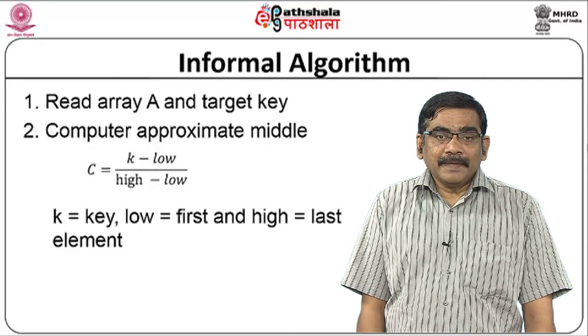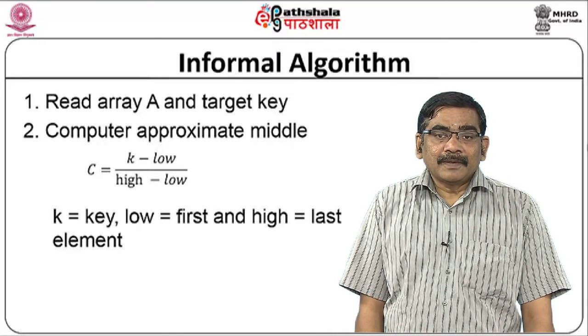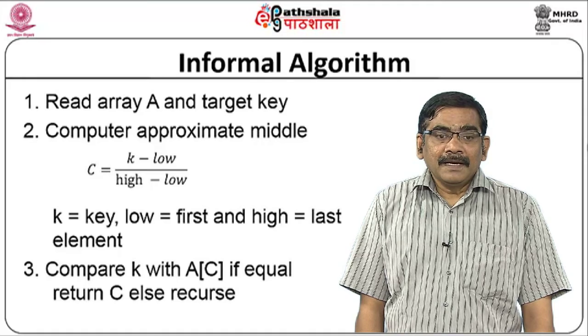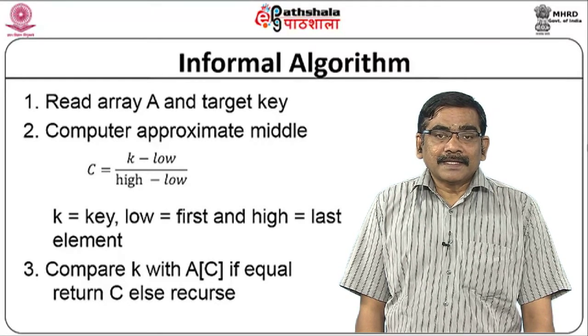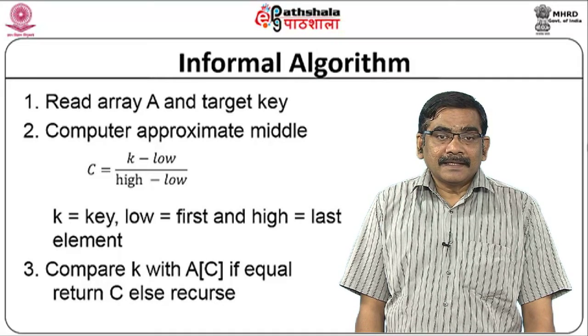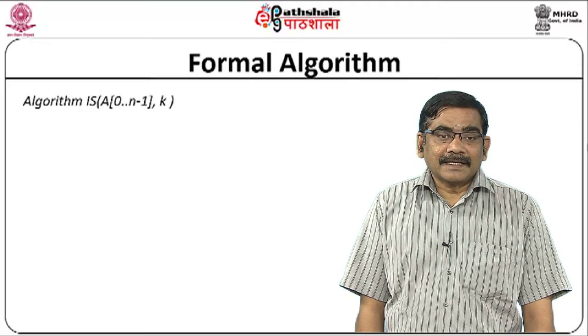Once the approximate middle is obtained, the problem is similar to binary search. Now, you compare your target with the approximate middle, and if the target is equal to the approximate middle, the problem is solved. So, we return the central element of the list as the answer. Otherwise, we recurse on the first half, otherwise on the second half.